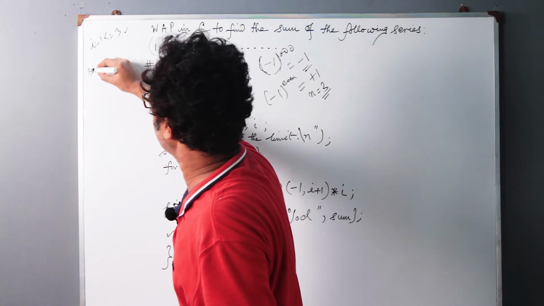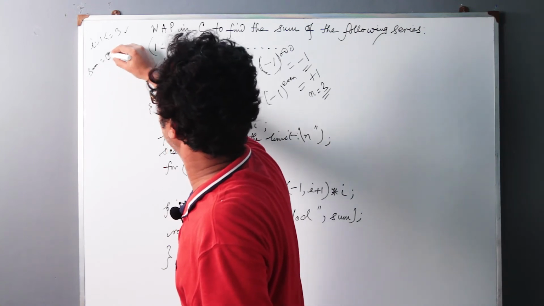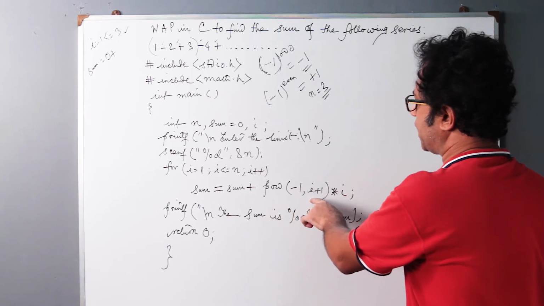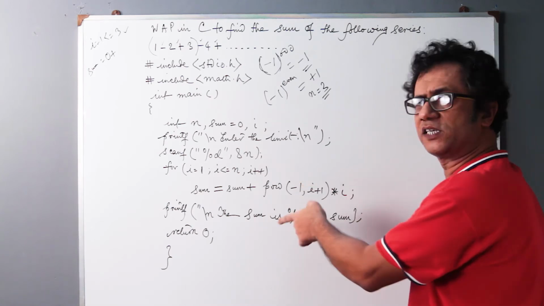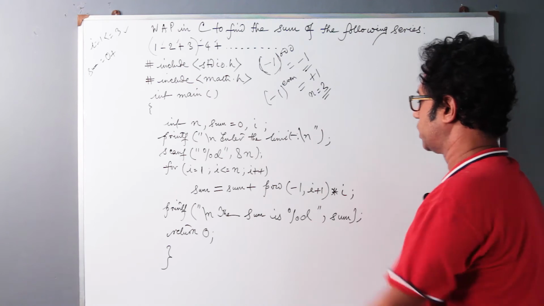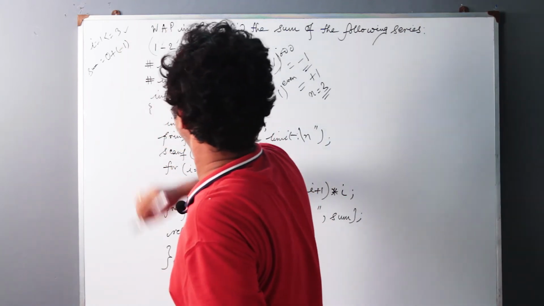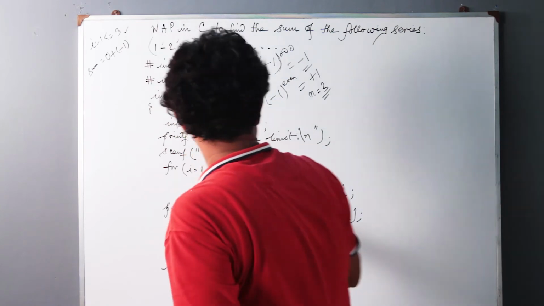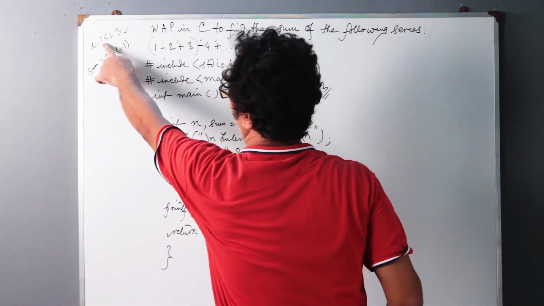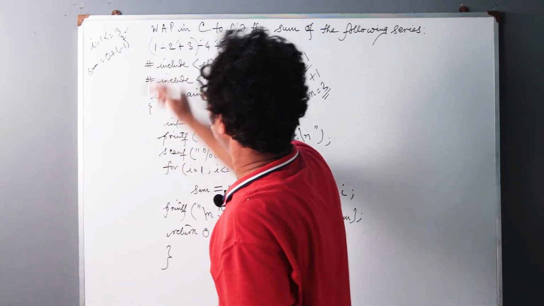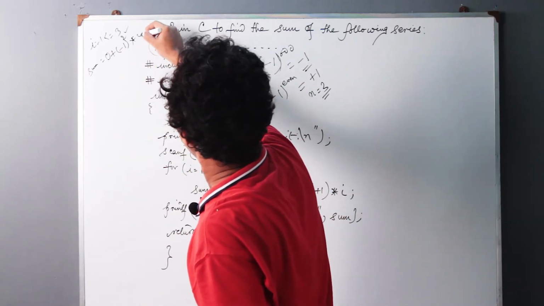The new sum is calculated as sum is equal to 0 plus pow(-1, I+1), that means minus 1 raised to the power of I plus 1. I is here 1, 1 plus 1 gives 2, so it becomes minus 1 to the power 2, star I.